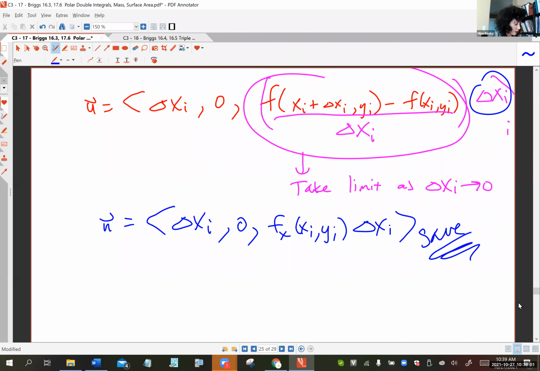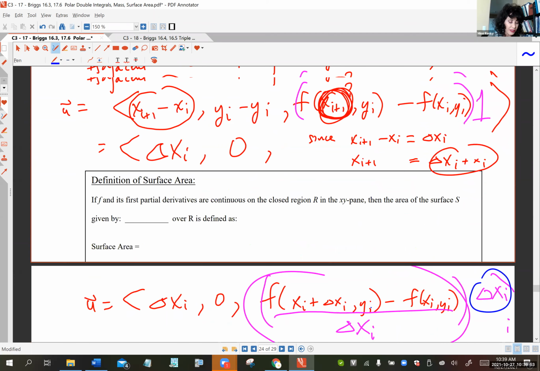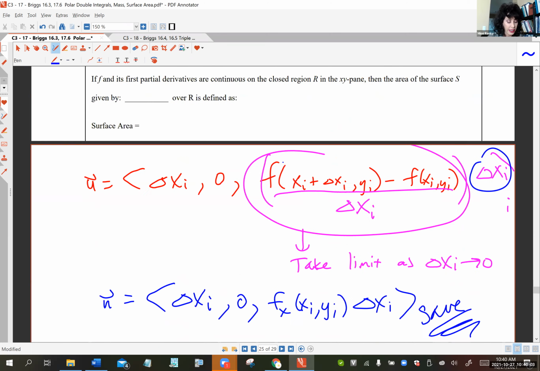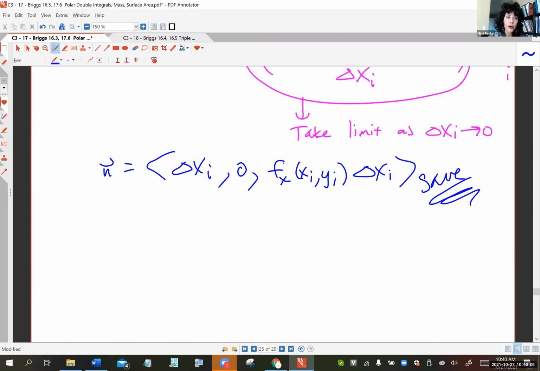Well, now what? I still have to get that other vector, the vector v over here. So we're going to do terminal minus initial between the points A and B. And yeah, we're going to take a cross product. It's coming. So let's do the setup of V. Now remember, V is the same as AB in my little mini parallelogram.